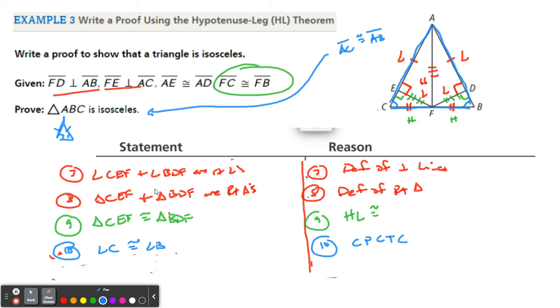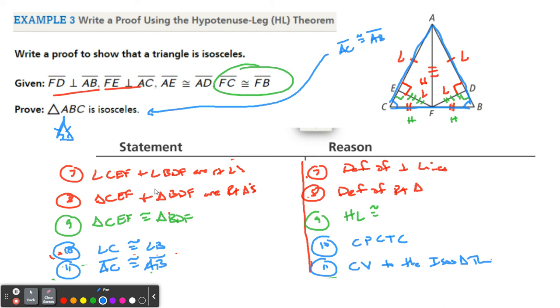And now because those base angles are congruent, we can say that segment AC is congruent to segment AB. This was the converse to the isosceles triangle theorem. The isosceles triangle theorem said if you have two sides congruent, then you have two angles congruent.